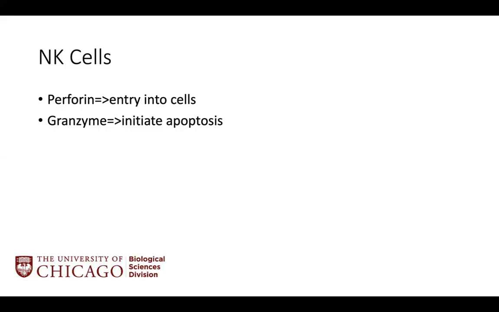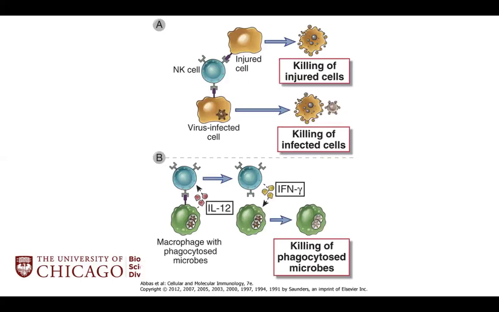So you have an NK cell, and it's encountering one of your own self cells, and it is getting a mixture of inhibitory and activating signals. If it's virally infected and needs to be killed, then the activating signals will overwhelm, and it will signal for the NK cell to release perforin to allow entry into the cell, and then granzyme, which will then initiate apoptosis of that cell.